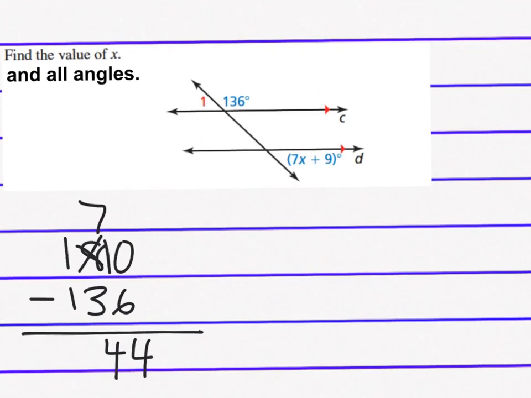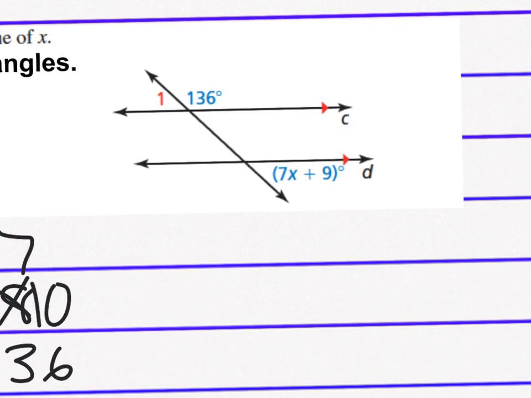So I'm going to go ahead and start filling in all the angles. So remember, I'm always getting this alternating pattern. 136 and 44, I'm always getting this type of pattern. When I come down here, this is also 136 because it's corresponding, top right, 44, 136, 44.